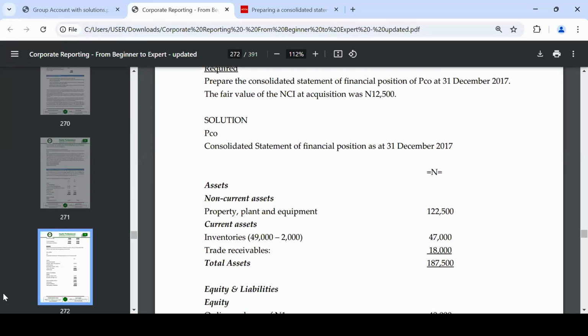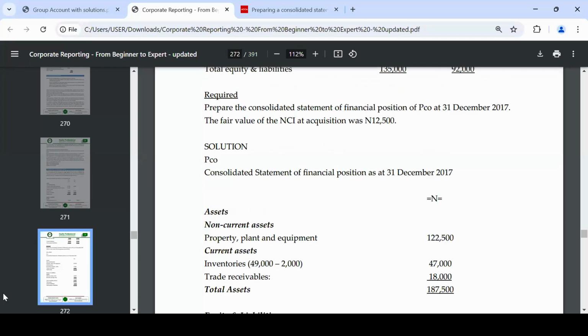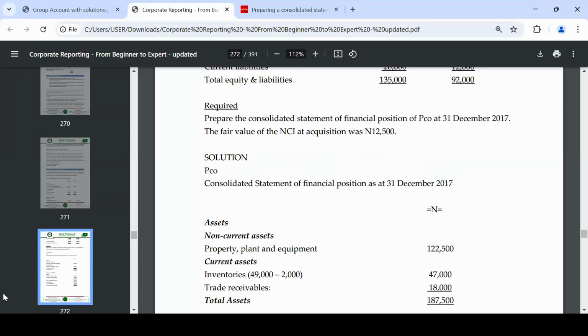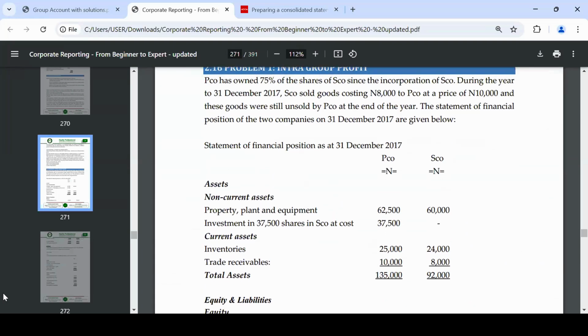The fair value of the NCI at acquisition is 12,500. What I just want to show you here is how we're going to treat this 2,000 naira. Let's look at how we'll treat it.